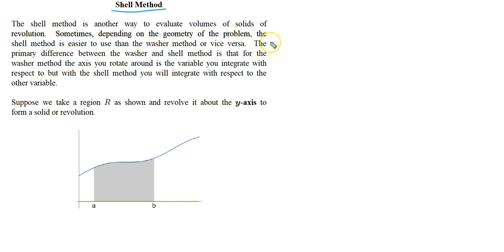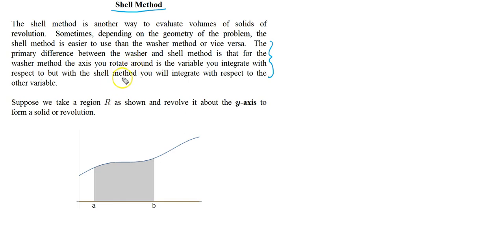Note that the primary difference between the washer and shell method is that for the washer method, the axis you rotate around is the same variable that you integrate with respect to. So for the washer and disk method, if you rotate around x, you integrate with respect to x. Or if you rotate around y, you integrate with respect to y.